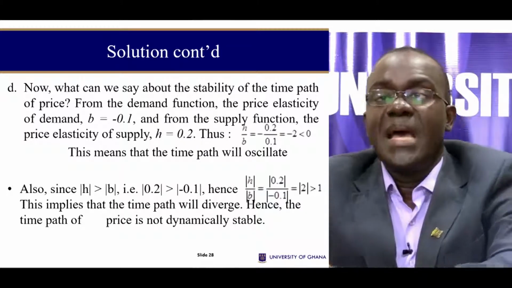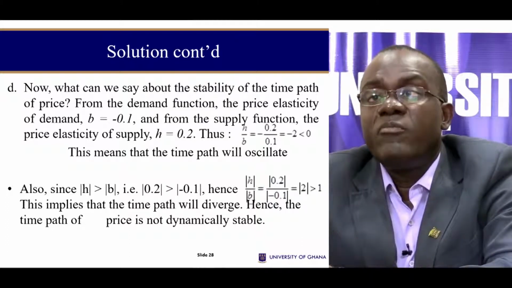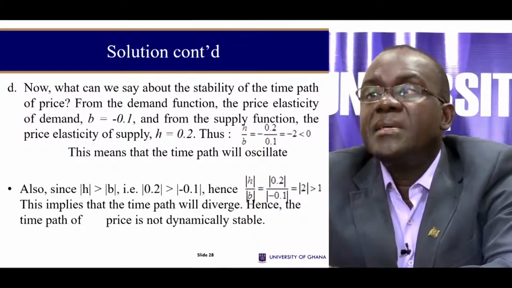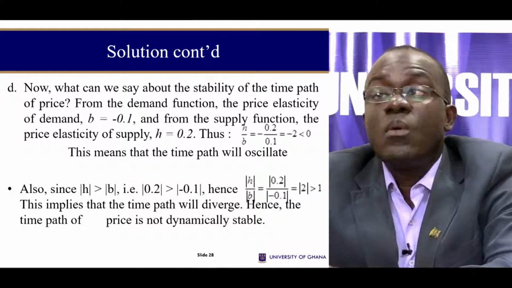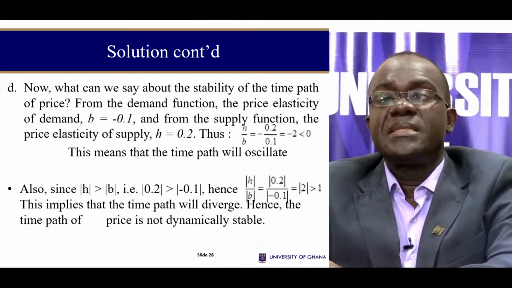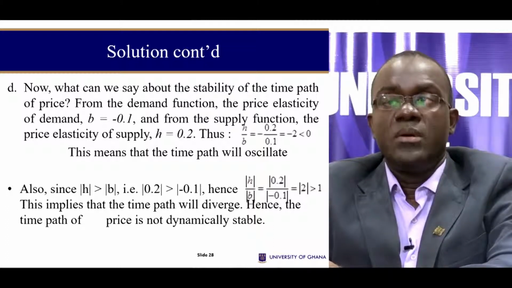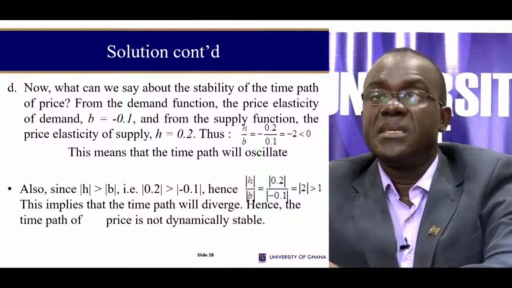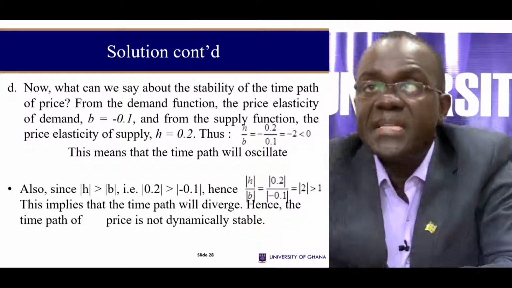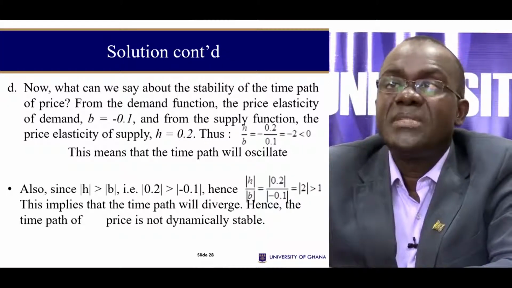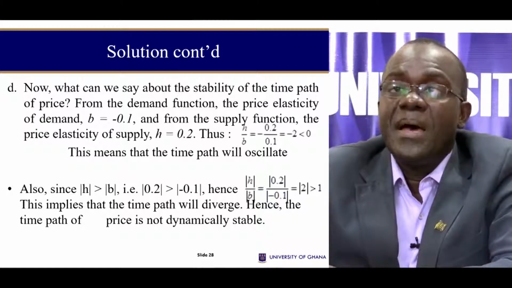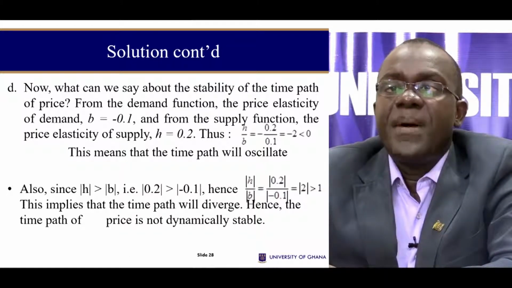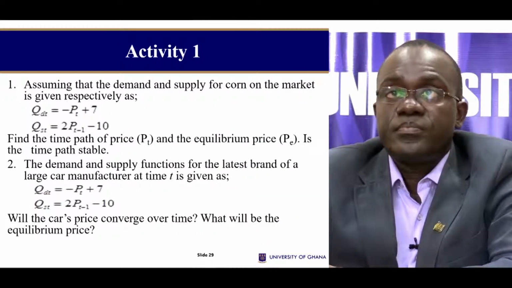Then when we look at the absolute value of H and absolute value of B, we get 2 here, which is greater than 1, meaning that the time path will diverge. It means that as t approaches infinity, H over B raised to the power t will tend to a very large number, and therefore the time path is not dynamically stable.